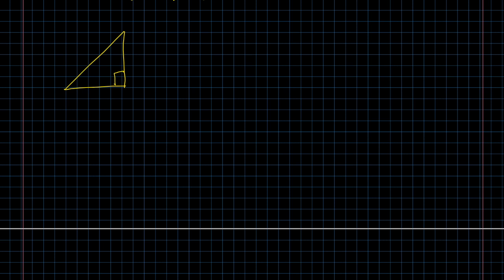If I have a triangle that has a right angle, all I need to know is one additional angle out of the triangle. We generally label that one additional angle with the Greek letter theta. And this triangle will be similar to every other right triangle that has that angle theta.